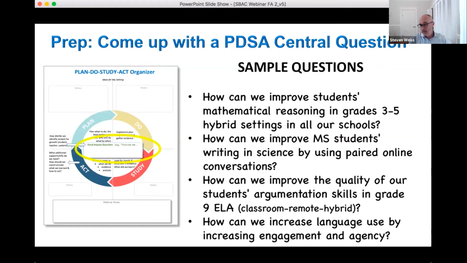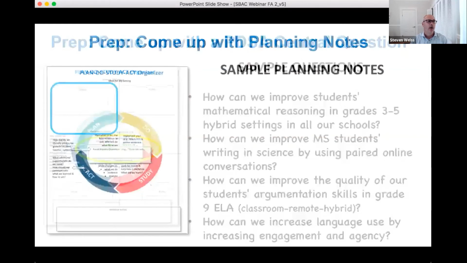And one last question, how do we increase language use by increasing engagement and agency? So those are a couple of sample ideas we were thinking of. I don't know if they resonate with folks, but you can use those and create your own. And then go ahead, Jeff, maybe we'll share the other one.